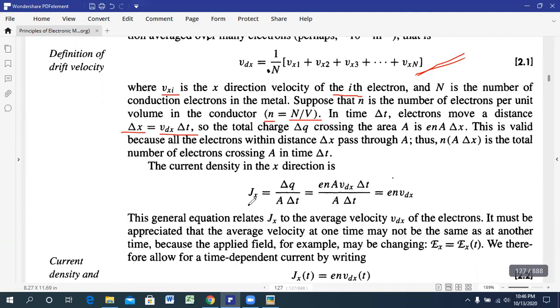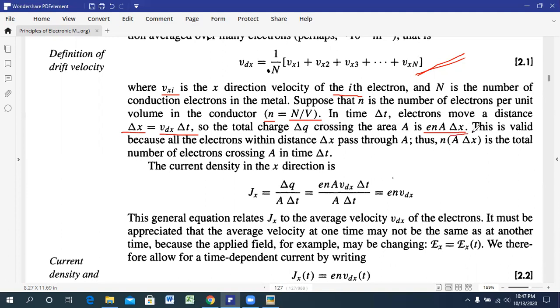So we can write down, as previously I told you to write down the equation, the current density Jx should be equal to delta q divided by A delta t. Now if we put the value of delta q here, delta q should be equal to enA delta x.